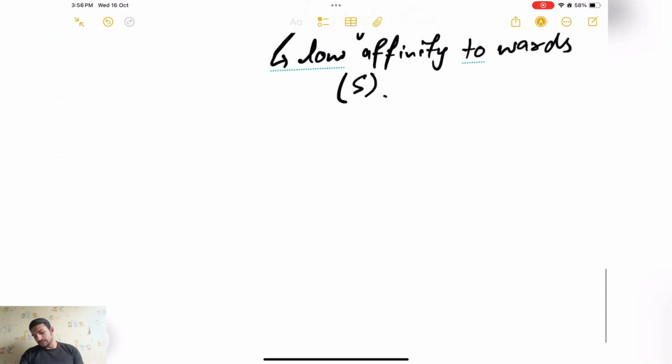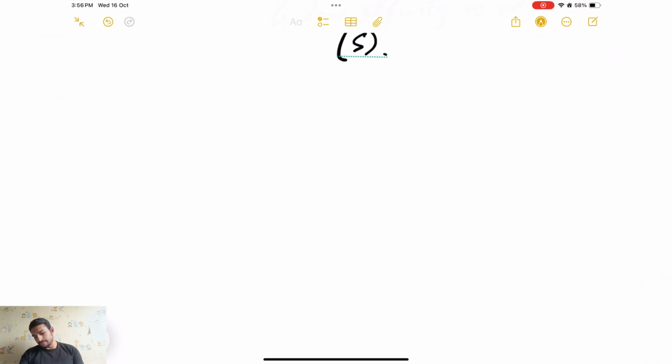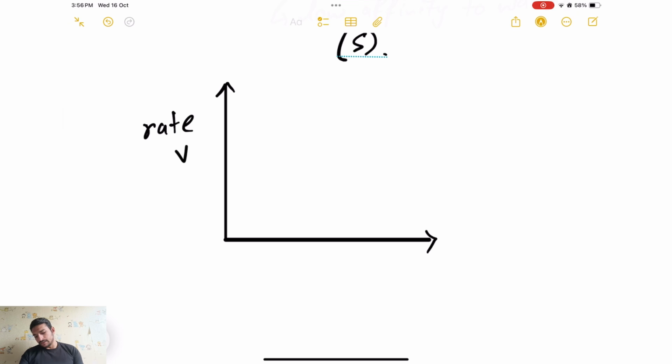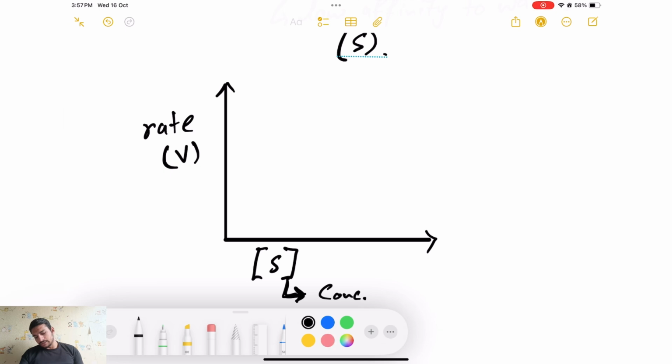Now we will see a graph. Here is the rate denoted by V, and here is the substrate concentration. This type of box we are seeing in this video is used for the concentration. The red color denotes positive affinity.